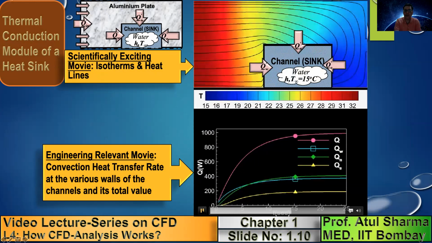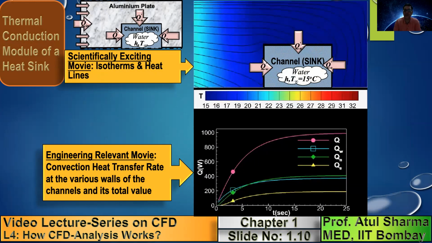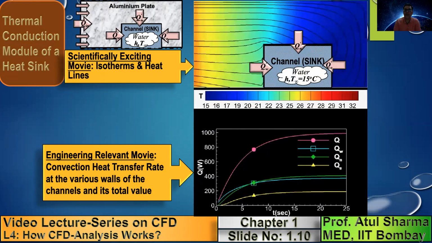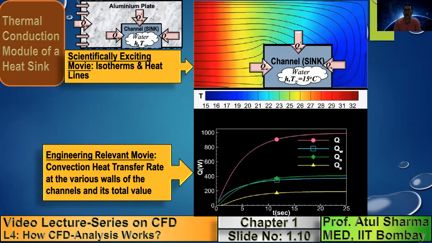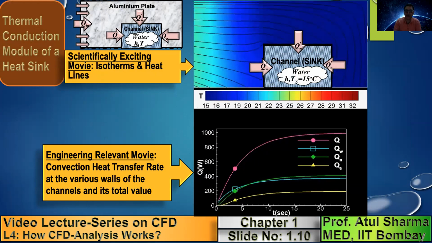So you can see the temperature distribution, and finally you can see that the picture has stopped changing. Then it reaches the steady state situation. Initially there is a large change in the temperature, and when the rate of heat transfer asymptotes, then the change in the temperature also gradually stops changing, and we get a steady state picture.